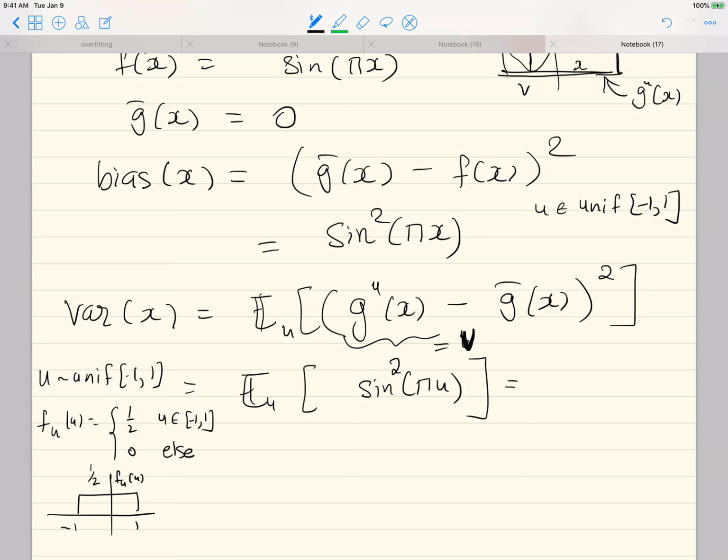That's what the density function is. It's constant in the interval, so the integral is 1. The height is just 1 over the width of the interval. So we have to integrate sine square pi u f of u du.